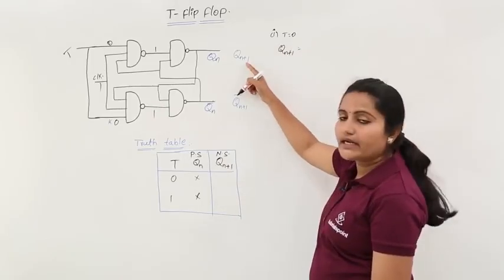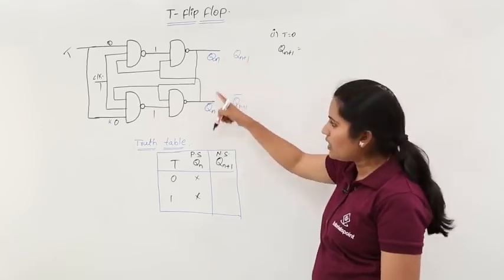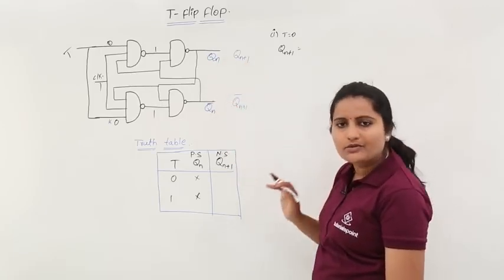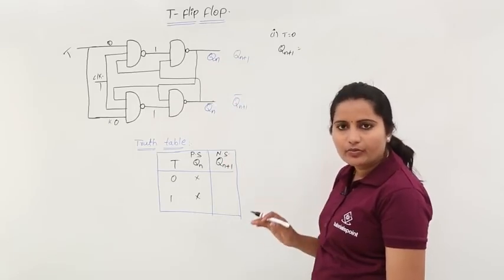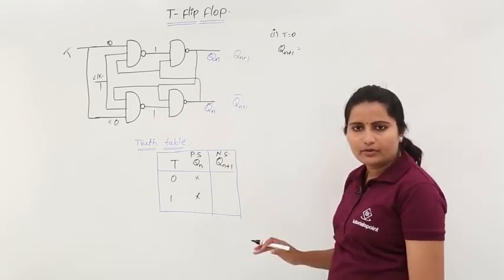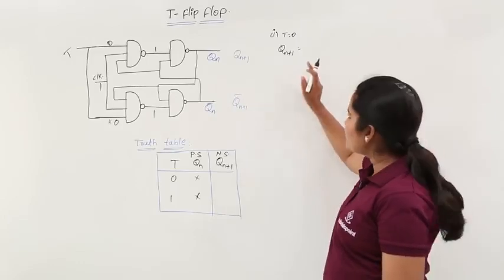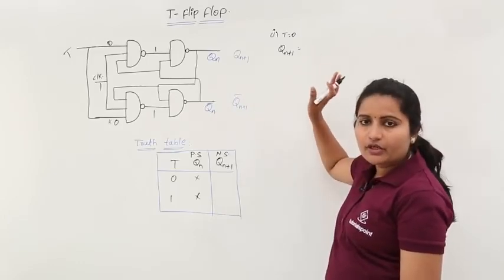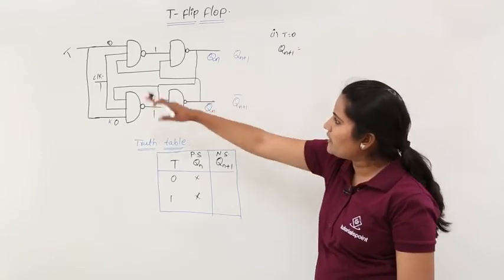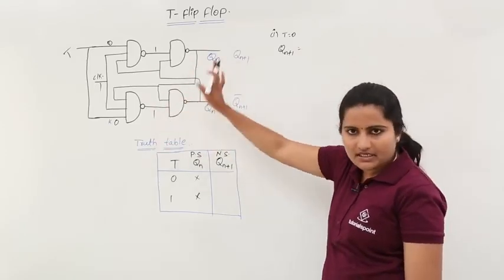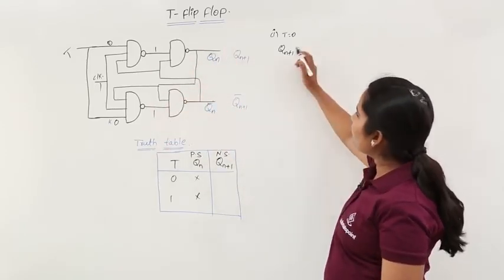Every time you need to write the equation for Qn plus 1. These two are not outputs, these are just present states. Every time the output of your sequential circuit or flip flop is nothing but the next state. So every time you need to write the equation for Qn plus 1 by back propagating these present states.